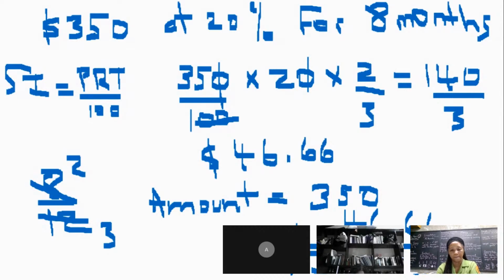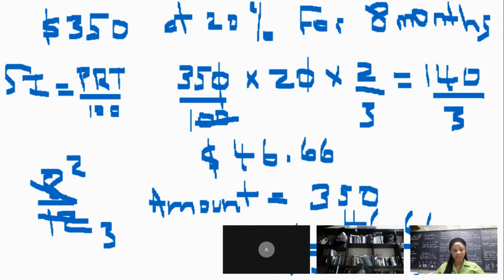So if you're not able to see the screen, what we did to find the amount was add the $350, which was the principal, to the interest of $46.66, and we got $396.66.